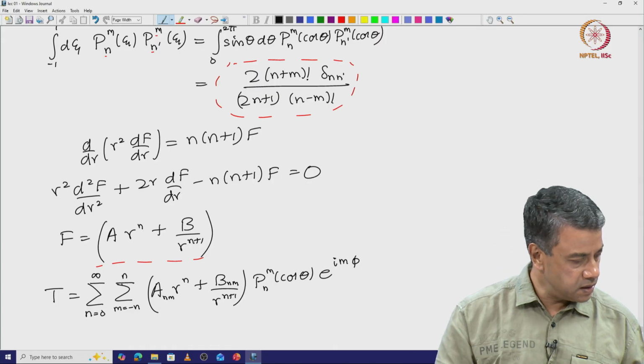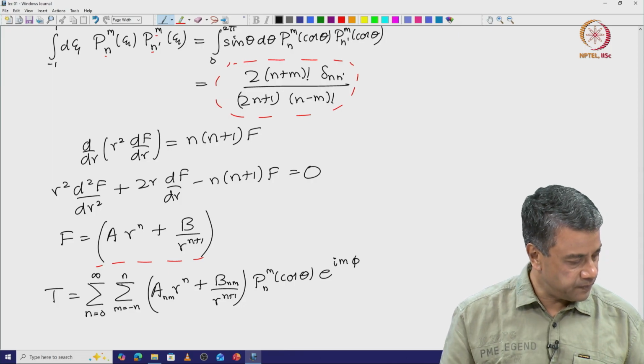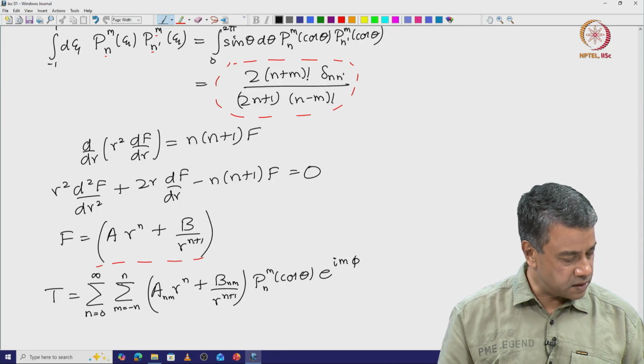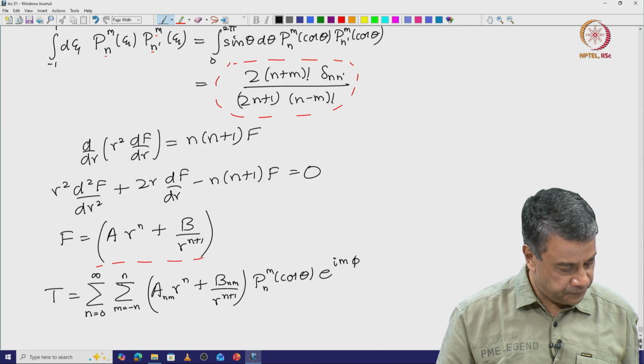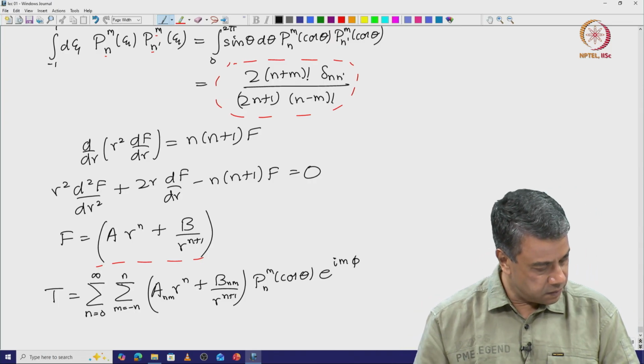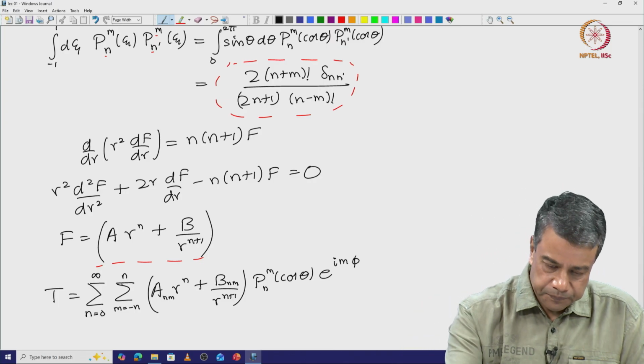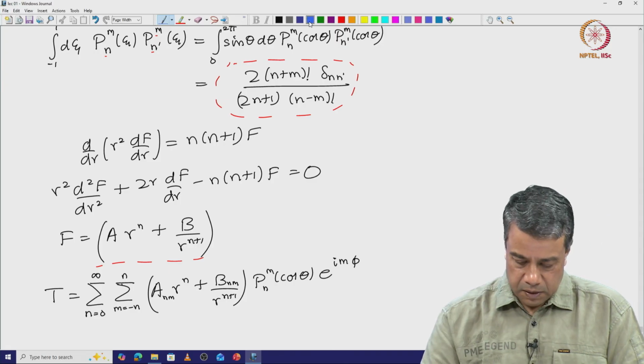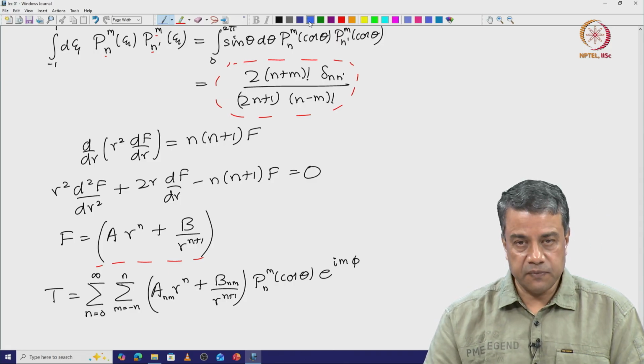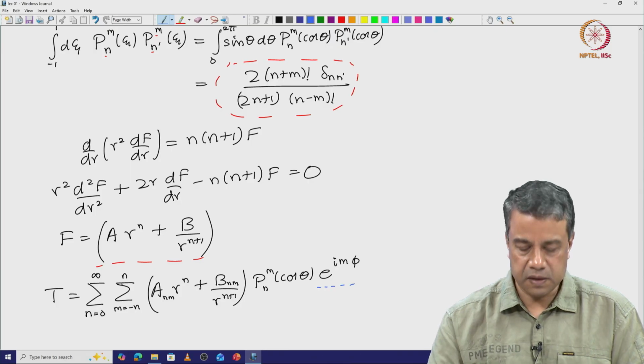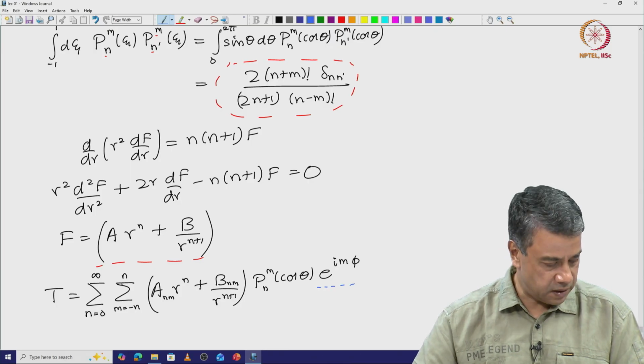So, that is the general spherical harmonic expansion. You can see that it has the same form except that it has this additional term which now depends upon phi.